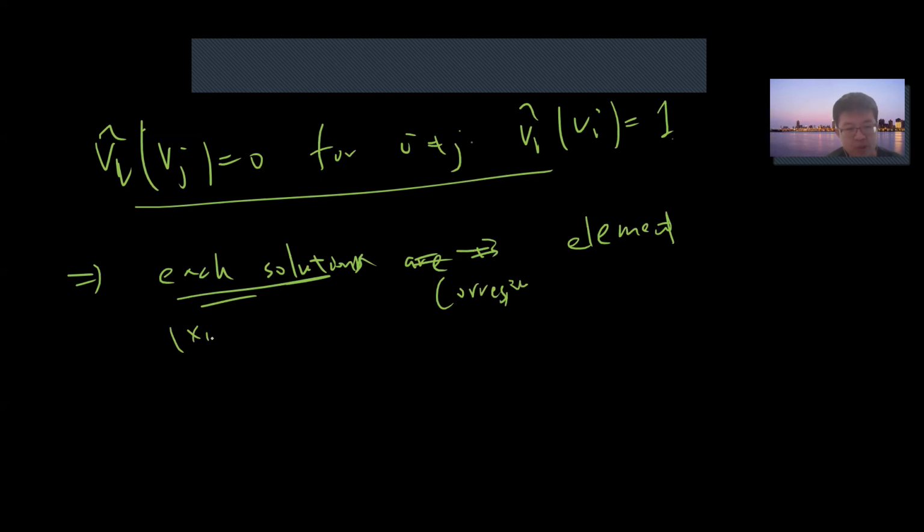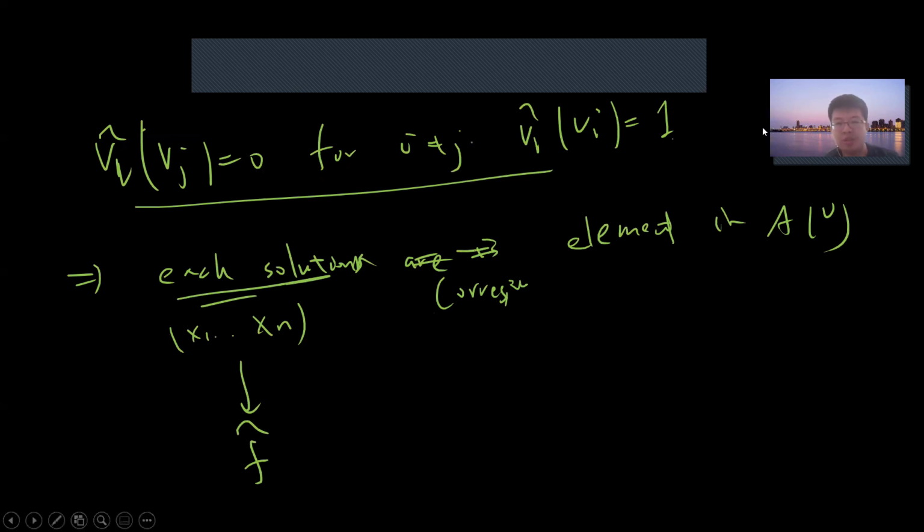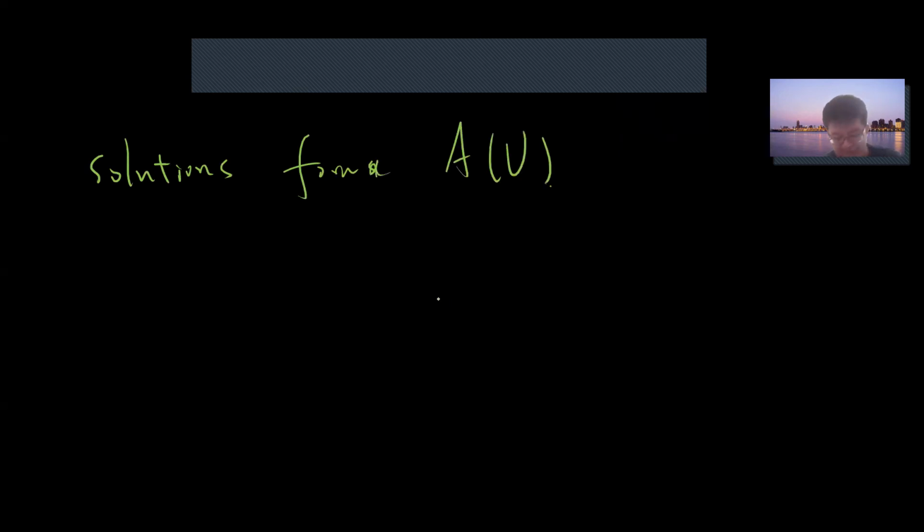Each element x1 to xn constructs a dual element, which corresponds to an element in AU. So all the solutions become AU. What I'm saying is that the solutions form AU, which is the annihilator of U.